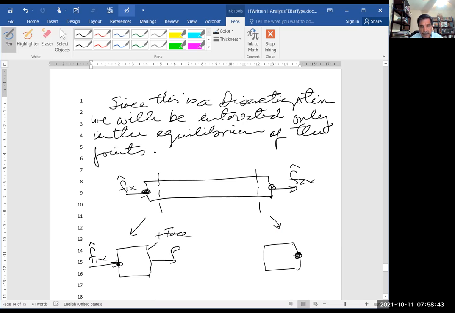Here is the joint. This is the external force. And this is a negative face. In the negative face, P points to the left. See, when you make a cut, remember, positive and negative face, the internal forces behave differently.